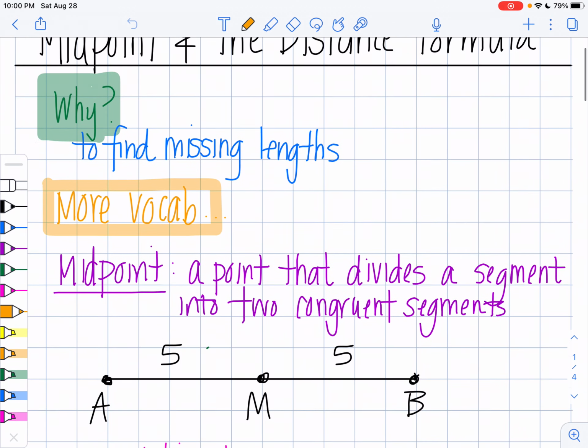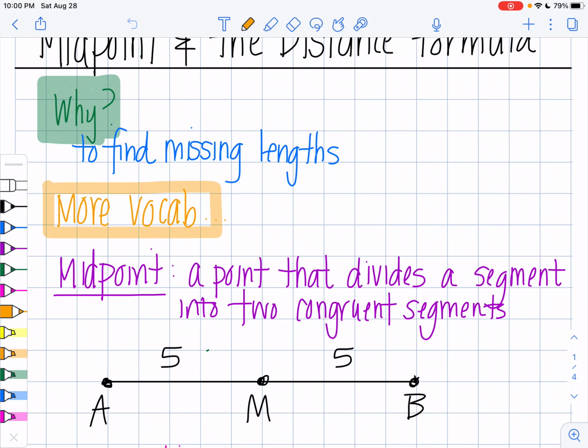So if I'm looking at this line segment AB, and I have this point that causes both of these segments, AM and MB, to be equal, I call this point M the midpoint.